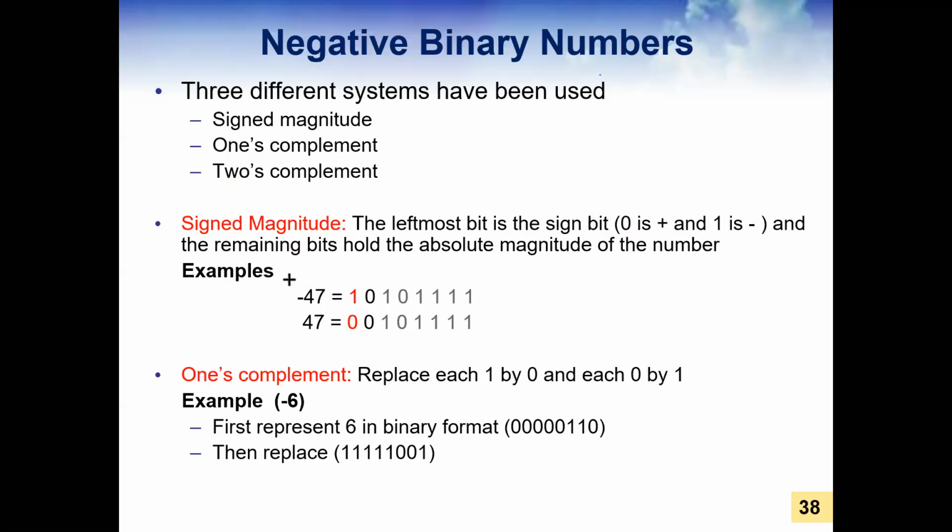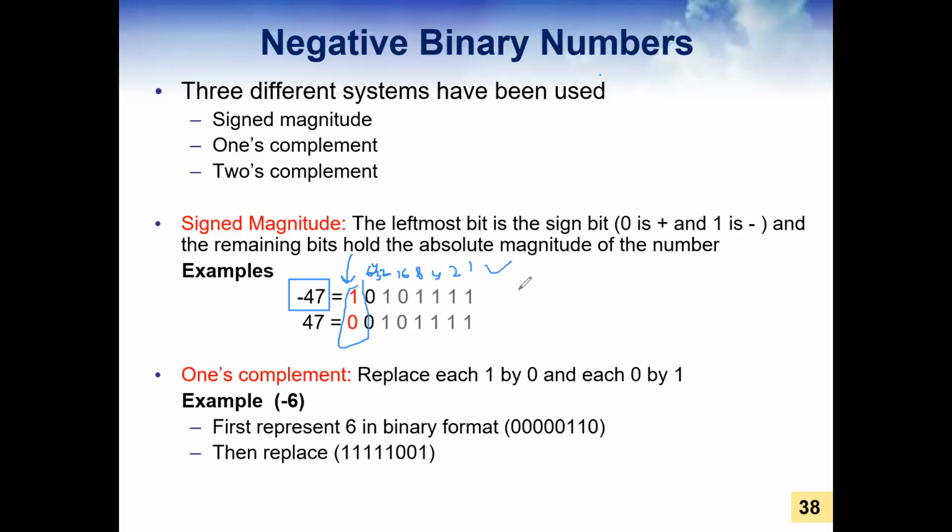Let's say I want to represent minus 47 with the help of 8 digits. Here we are using 7 bits for the magnitude itself, and the leftmost bit will tell the sign, whether it is positive or negative. So for 47, 1, 2, 4, 8, 16, 32, and this will be 64. We are reserving this column as the sign bit.